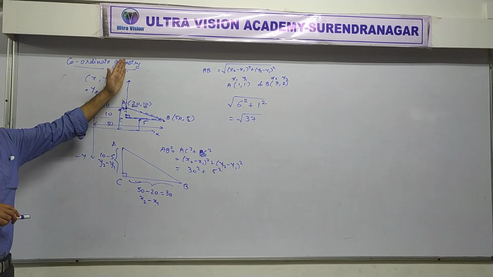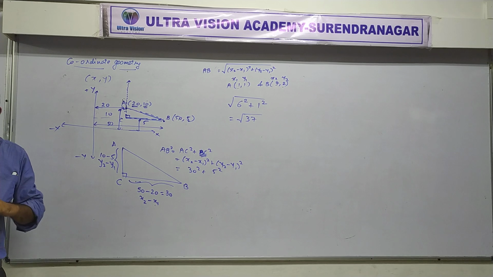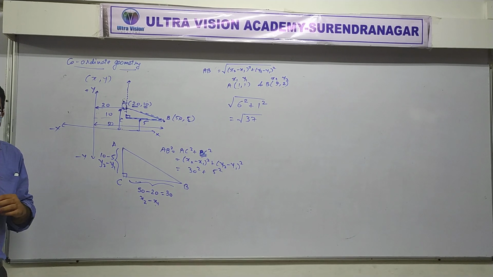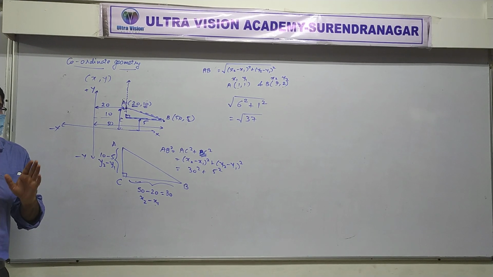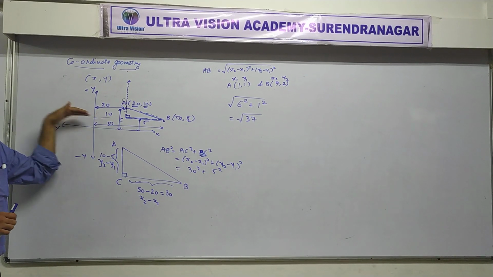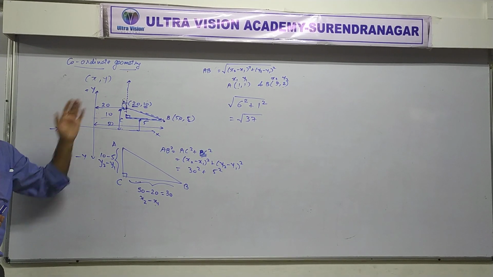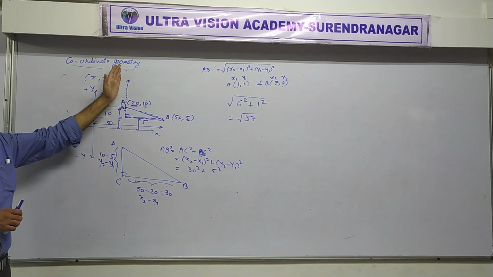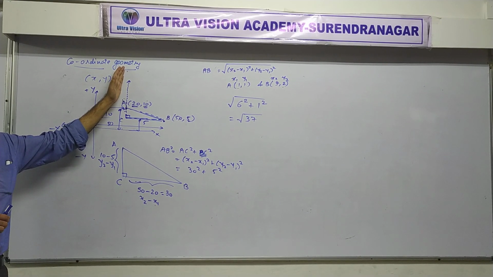As we go from A upwards, which coordinate will change? Y coordinate will change. But X coordinate will not change, because X coordinate indicates the horizontal distance. So if you just go up vertically on this diagram, then only the Y coordinate will change.